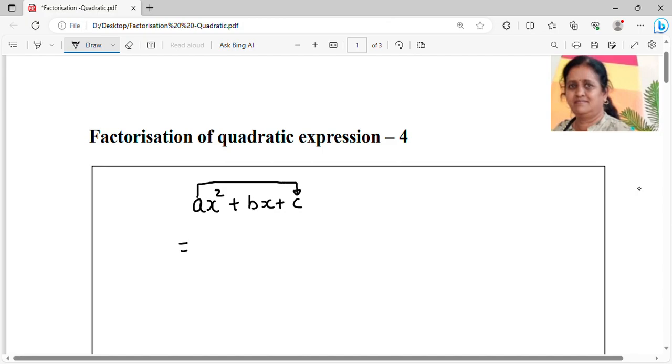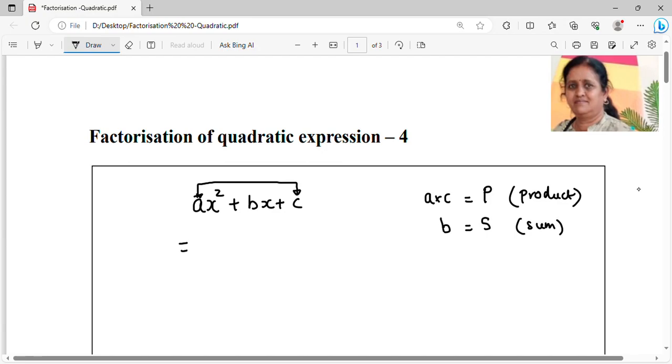We multiply them, a multiplied by c, and we let it be P. P is nothing but the product. Is that okay? So, this will be the first step, and the second step would be b, and we represent it as S. I hope you understood this strategy.